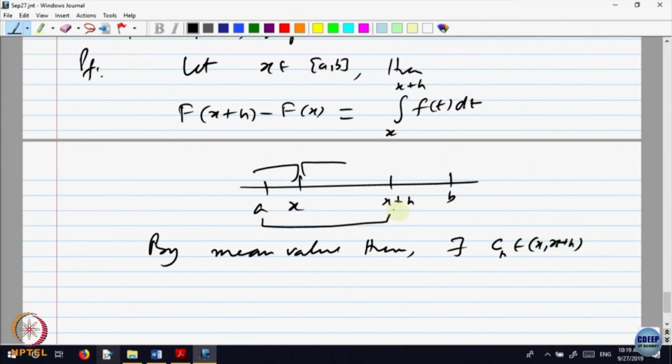Here I am taking h as positive, just for illustration. h could be positive or negative, x plus h could be on the left side or on the right side, it doesn't matter actually. So c_h such that the integral from x to x plus h of f(t) dt is equal to h times f at c_h.